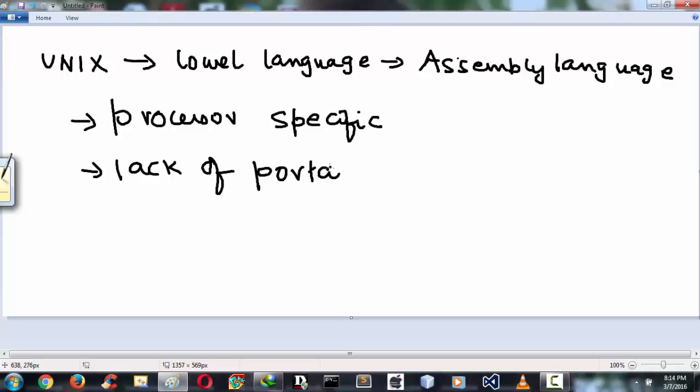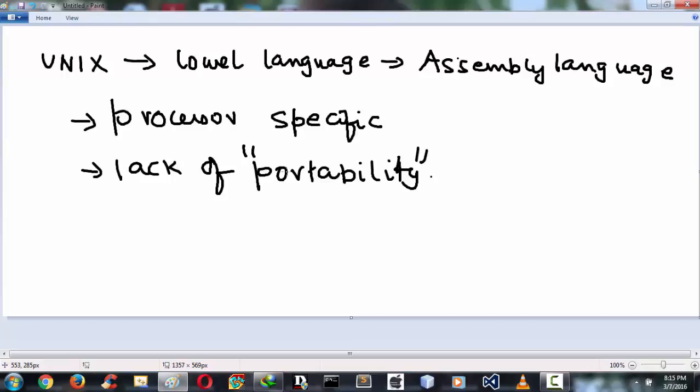So portability. You might get what the meaning of portability is. Portability means whatever the platform or whatever the operating system you are given, that application should run on that platform. C is a highly portable language. If you want to define the C language in one word, you can say it is a portable language.